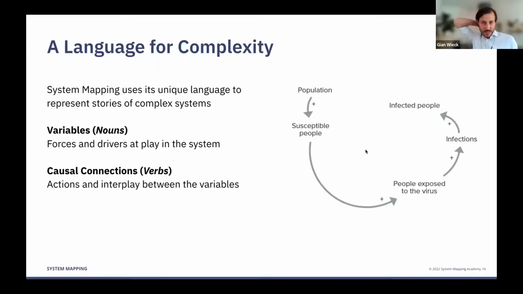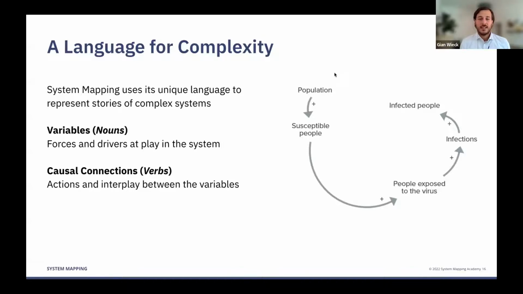In the example, we have infected people. Why do we have infected people? Because there are infections. And infections are coming from people getting exposed to the virus. People exposed to the virus depends on the number of susceptible people that we have, and we have more susceptible people the larger the population. So there we try to show what the connections are between those variables.